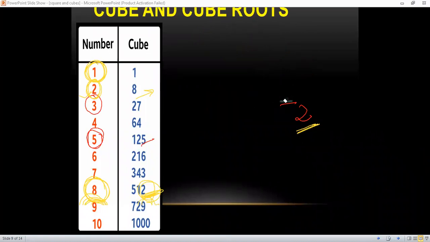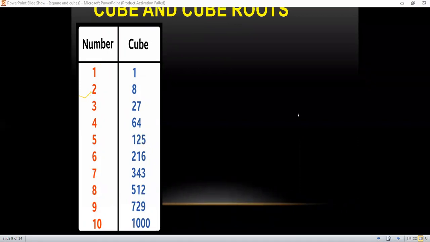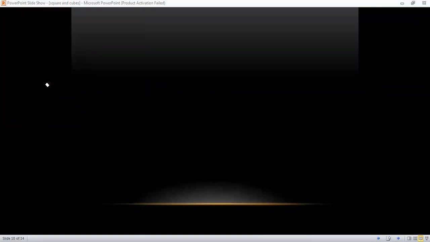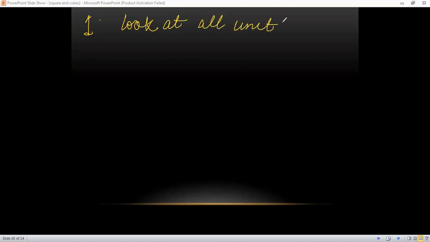Now how can we find the cube root of a number? If I discuss the steps of the method, the first step is what we have done: we look at all the unit digits in the cube column.